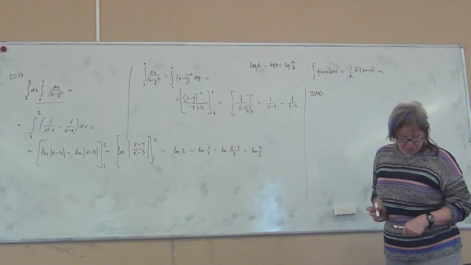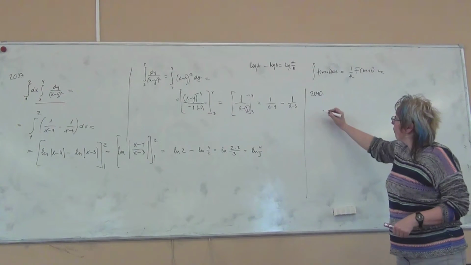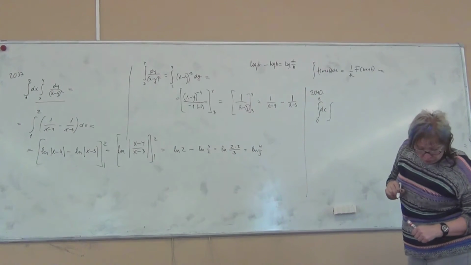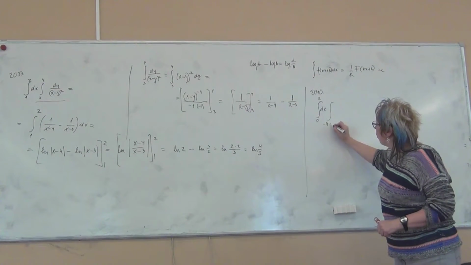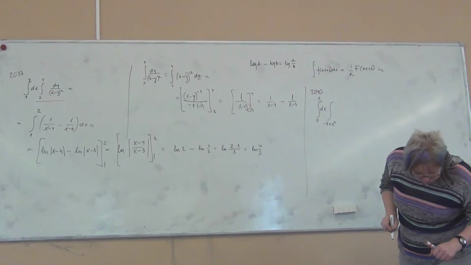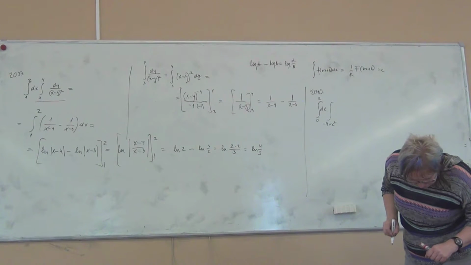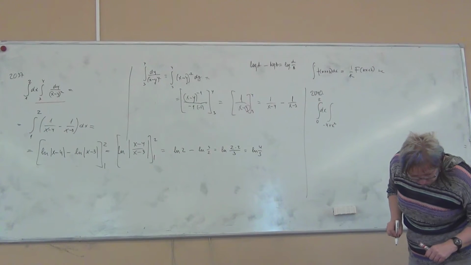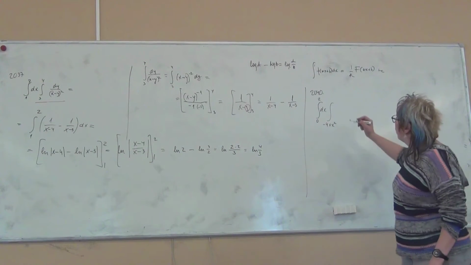And the third one. Integral from 0 to 2 by dx, integral, okay, from minus 4 plus x squared, and for minus x squared, it's the exact opposite.